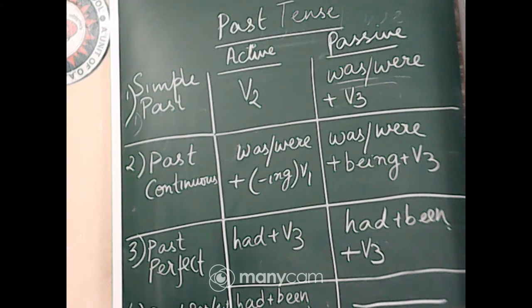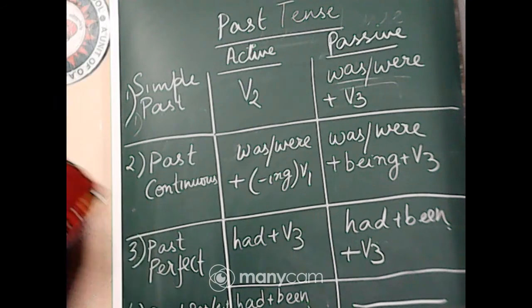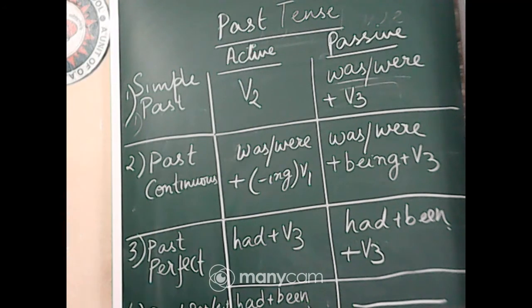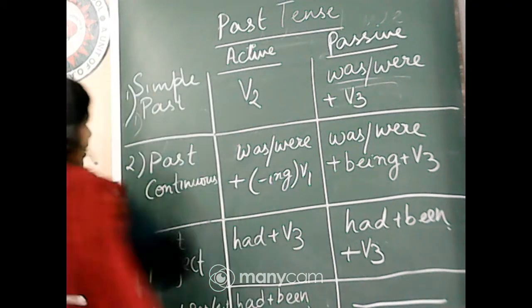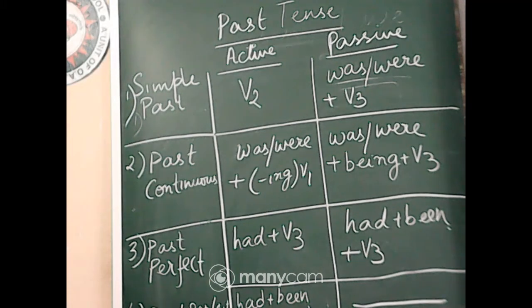Now come to the future tense. Simple future and future perfect do have passive voice, but future continuous doesn't have a passive voice, and future perfect continuous also does not have any passive form.